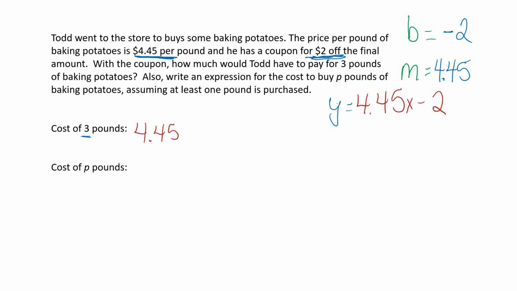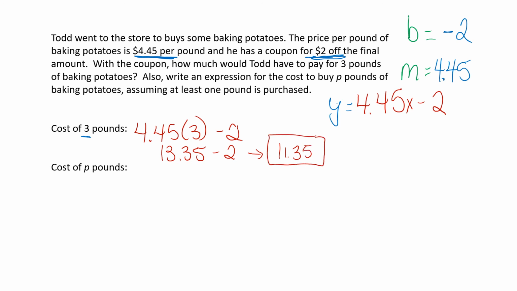So that's $4.45 times 3 minus my $2 coupon. 4.45 times 3 gives me $13.35, minus my $2 coupon, which would leave me with a cost of $11.35. So that would be the top answer in the Delta Math verbal descriptions answer.